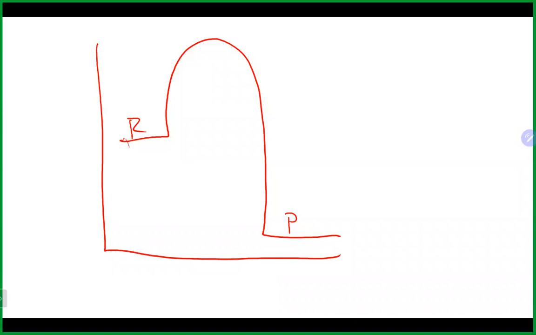So what happens as the reactants start to proceed up this hill to get to the very top is we have them starting to break some bonds and they're starting to make some bonds at the same time. To get to the very top here, at the very top, this is sometimes referred to as the transition state.